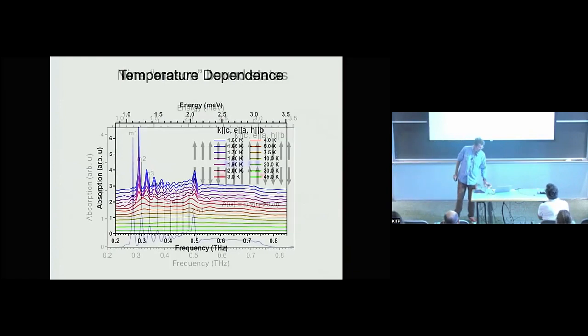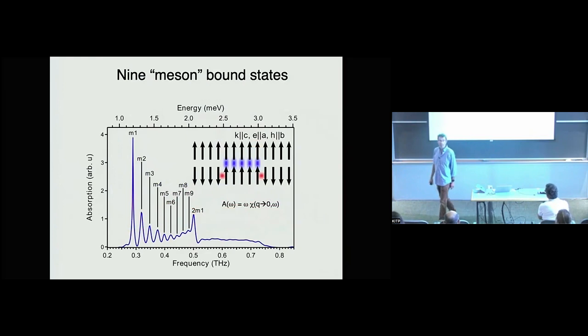So we can concentrate just on the lowest temperature spectra. And this is, again, a plot of the absorption, which is proportional to the susceptibility, as a function of frequency. And you see this remarkably rich spectrum: M1, M2, M3, using Radu's notation, all the way up to M9.